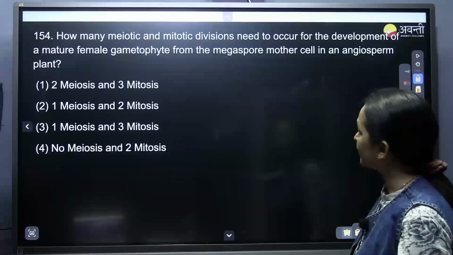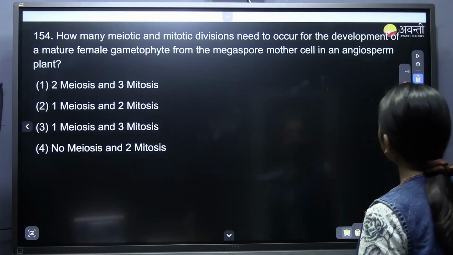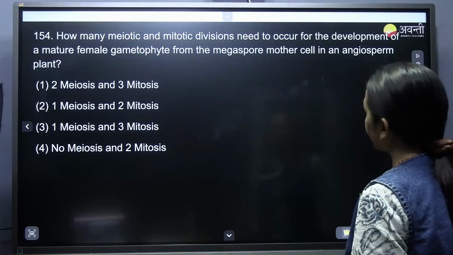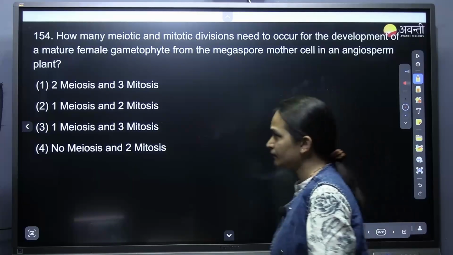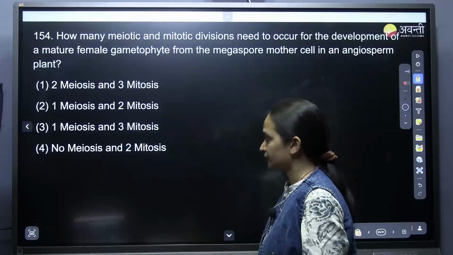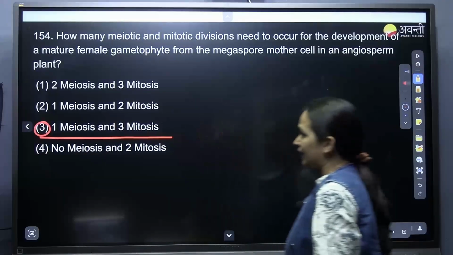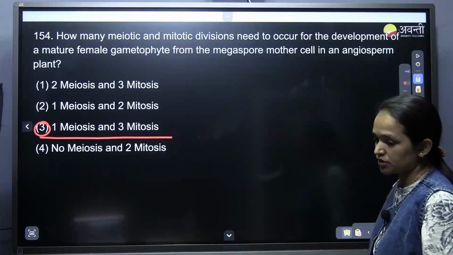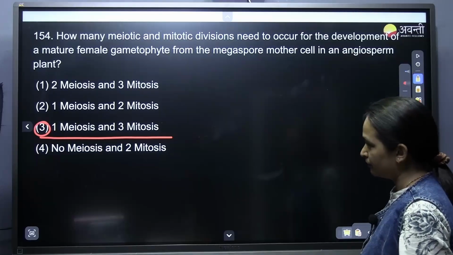How many meiotic and mitotic divisions need to occur for development of a mature female gametophyte from the megaspore mother cell in an angiosperm plant? One meiosis and three mitosis.